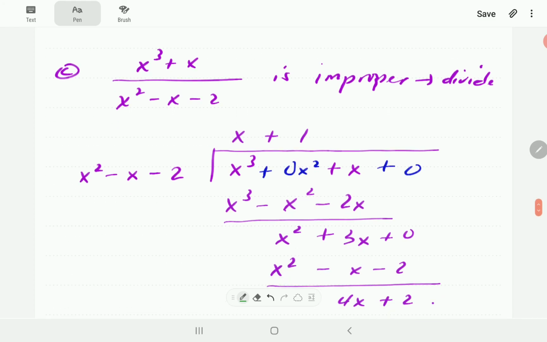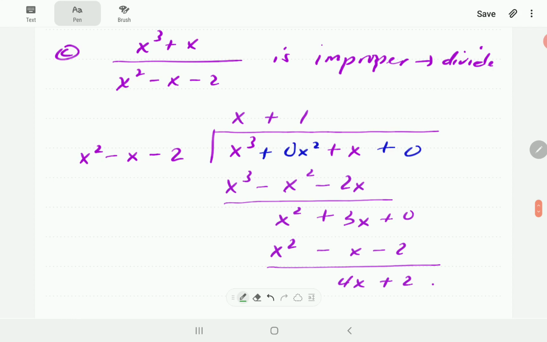We use long division. Again, if you are not up to speed with long division, you can check our video on long division of polynomials.